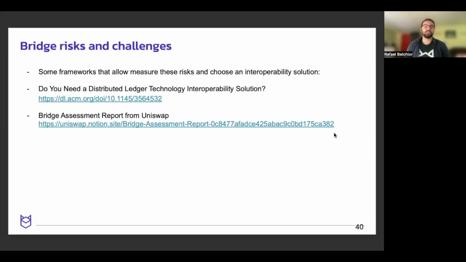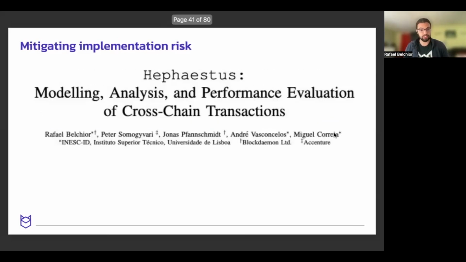We also do this partially and internally at Blockdaemon. We've been developing a complementary framework to the bridge assessment framework, which evaluates data transfers because their use case is cross-chain governance. It leaves out the token transfers a bit. So yes, there are several frameworks, several ways to evaluate these risks, some in academia, some in industry.